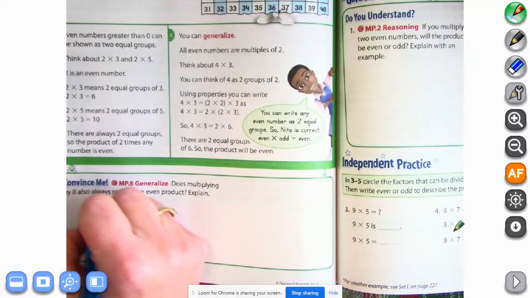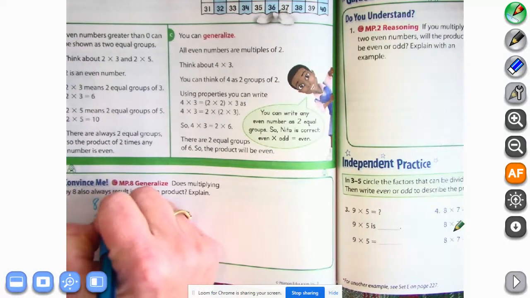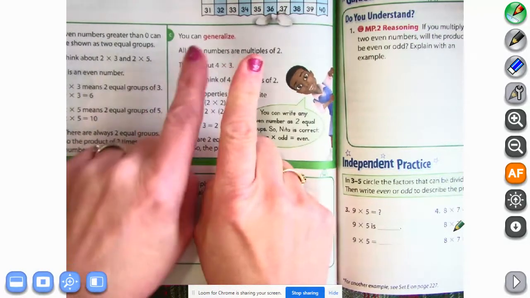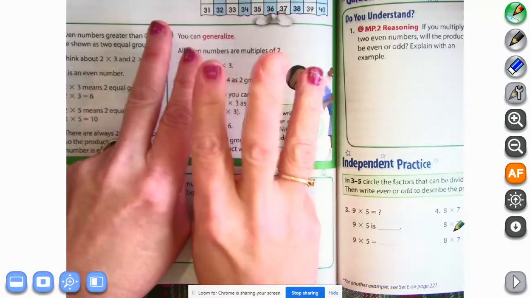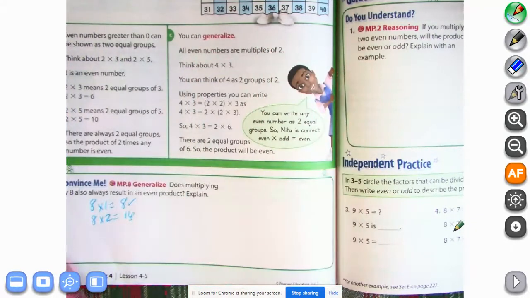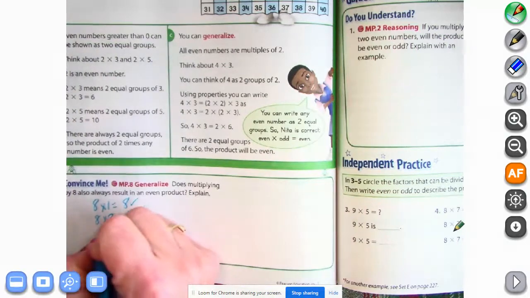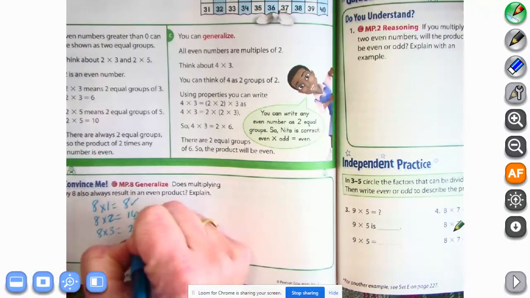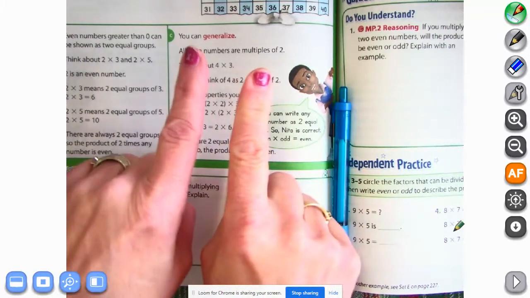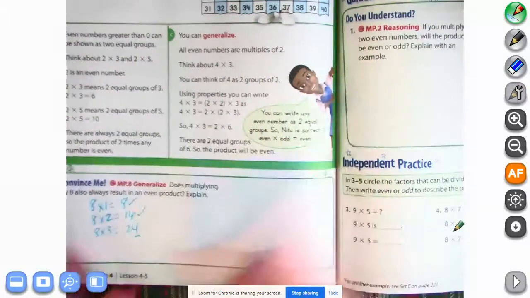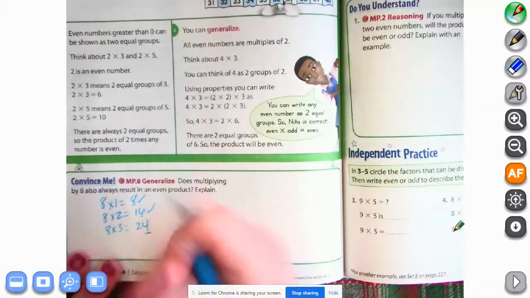How about 8 times 2? 8 times 2 equals 16. We look at the 6. 1, 2, 3, 4, 5, 6, and we don't have any left over. So that one's even. 8 times 3 is 24. We look at the 4. 1, 2, 3, 4. Even. No extras.